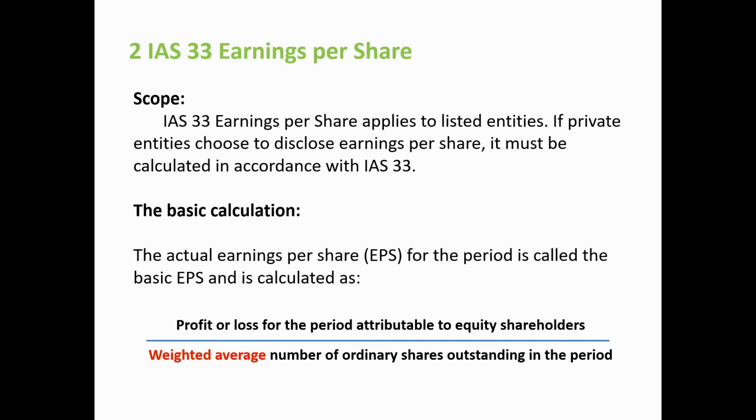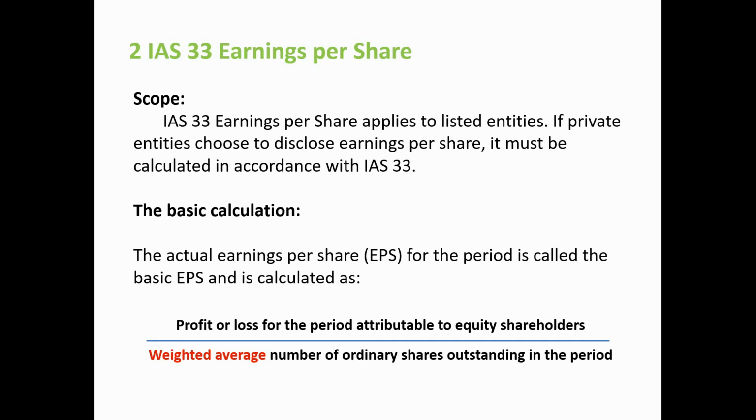The formula for calculating basic EPS is profit or loss for the period attributable to equity shareholders divided by the weighted average number of ordinary shares outstanding in the period.